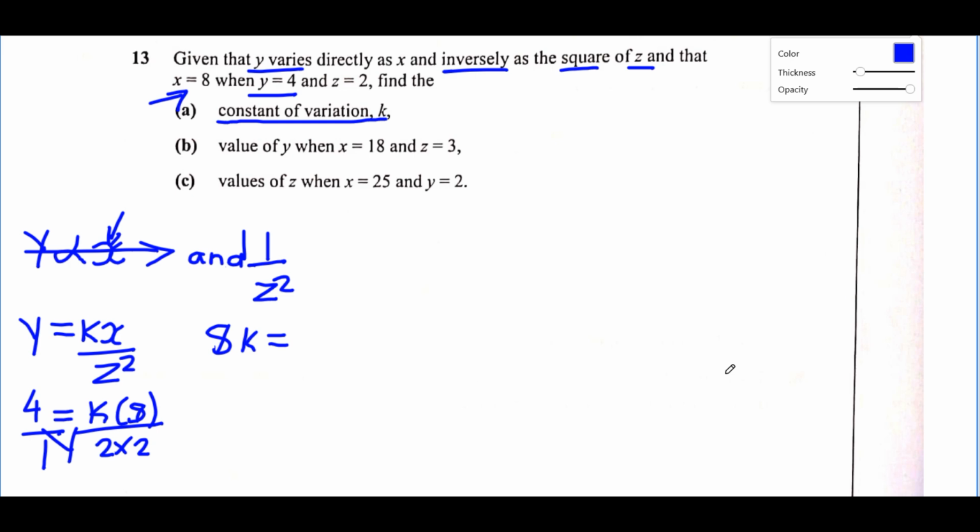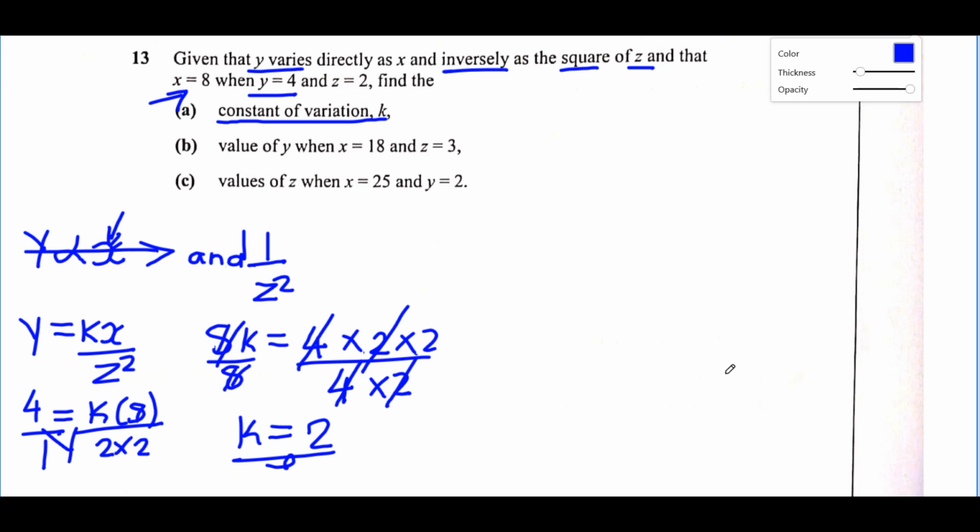Then instead of saying 4 times 2, 8 times 2, 16, now can just say 4 times 2 times 2. It's still the same. Over 8. 8 is same as 4 times 2. So if you want, you can just use the same way, or if you want, you can break the numbers like the way I'm doing, so that I can cancel this, I cancel this, I cancel this. So the final answer is just 2.